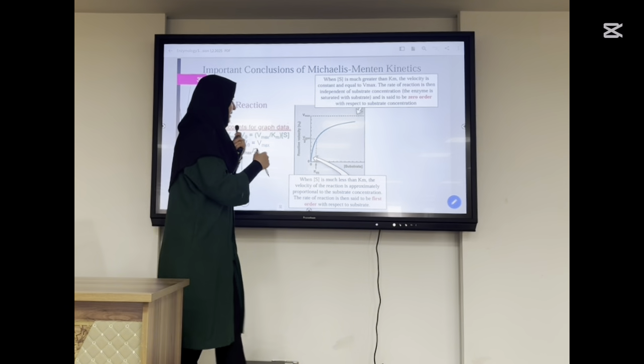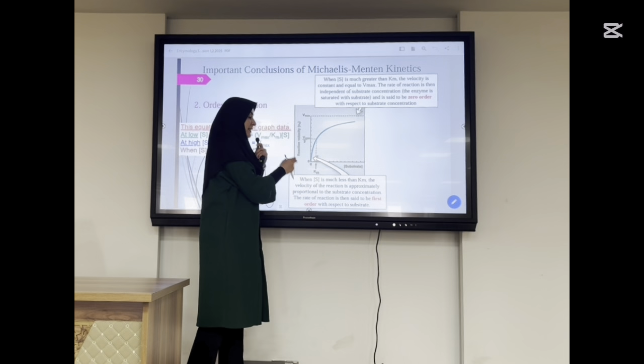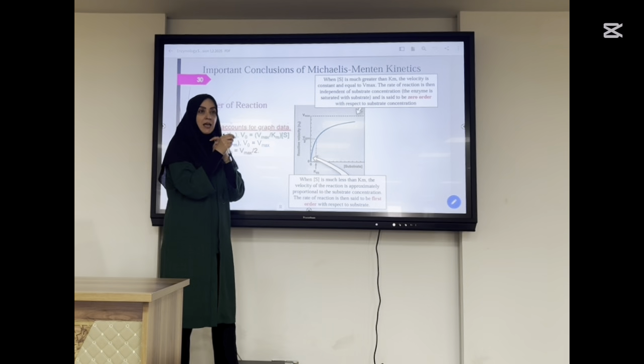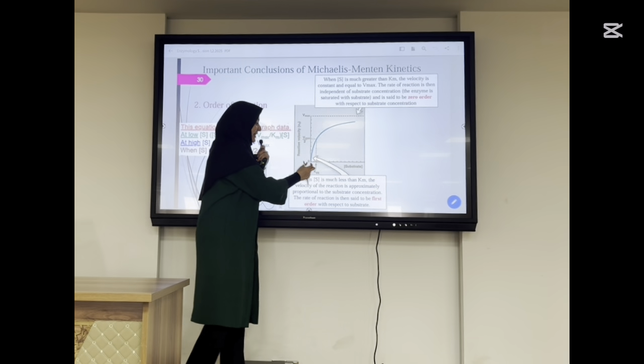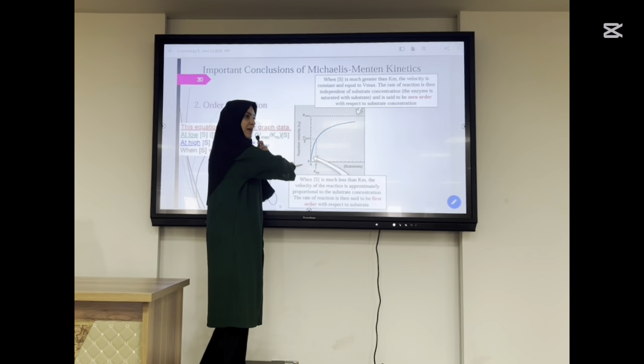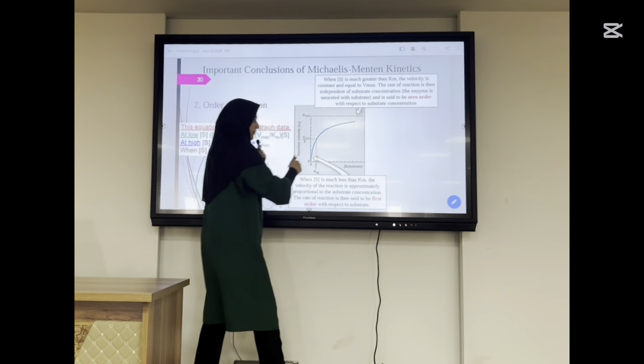For example, from this curve, I cannot say that Km is exactly 0.05 molar. If I want to determine the exact value of Km or Vmax, it's better to change the curve to a straight line.